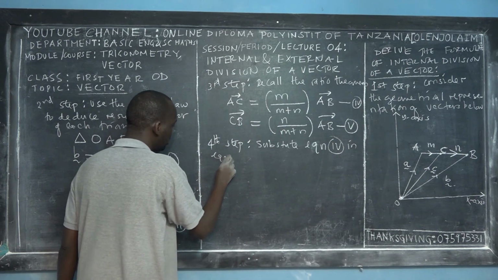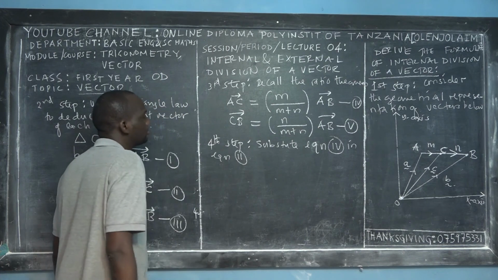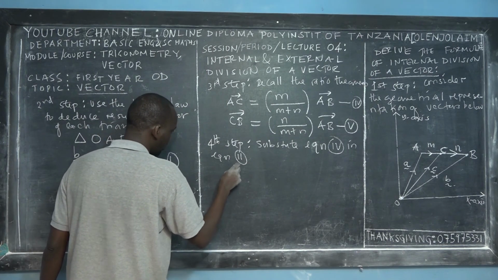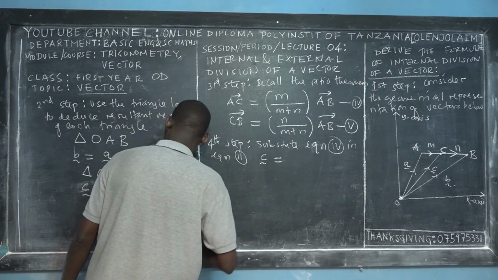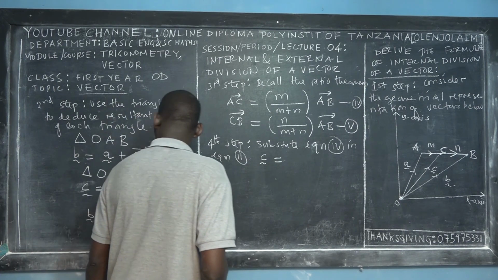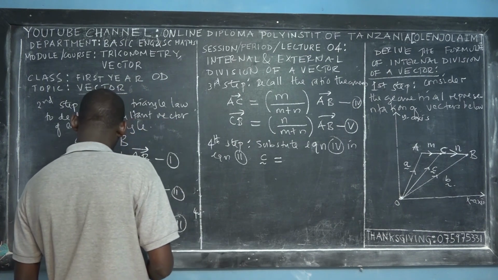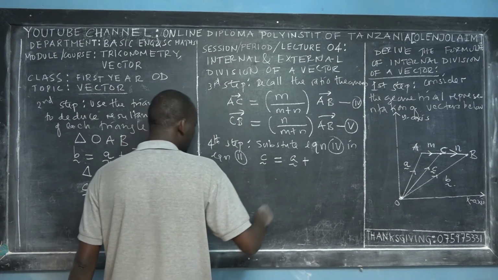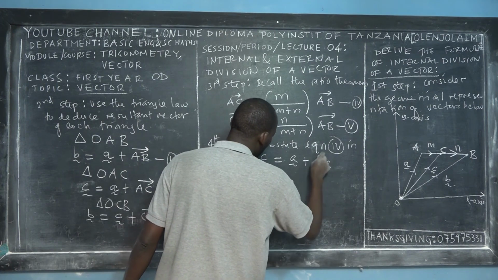In equation 2. So where is equation 2? Equation 2 is vector C is equal to vector A plus displacement vector AC.